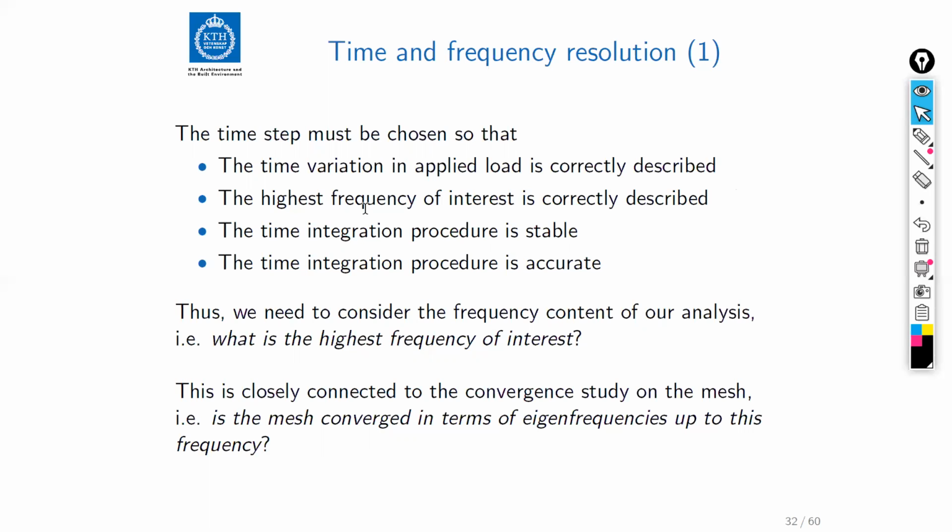So before we start doing a dynamic analysis, we have to consider what frequency range we are interested in. And if we use the modal analysis, then the frequency range is defined by how we choose modes of vibration, right? Because the modes of vibration are connected to the natural frequencies. So if we take the 10 first modes and say that the first mode is maybe at 2 Hertz and the last one is at 30 Hertz.